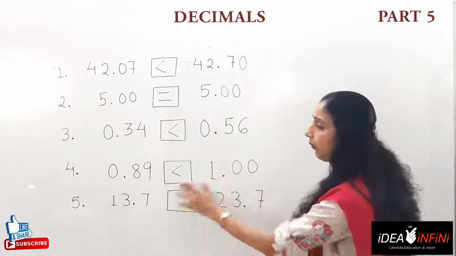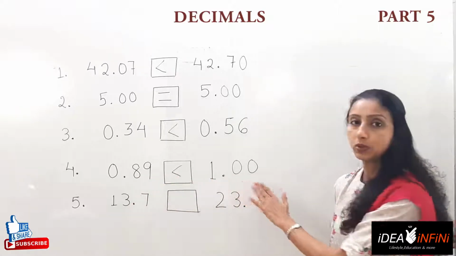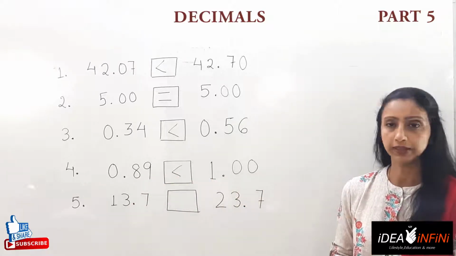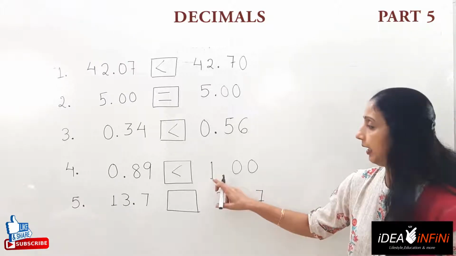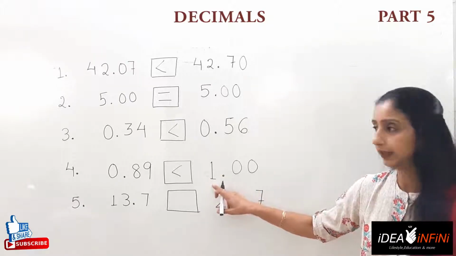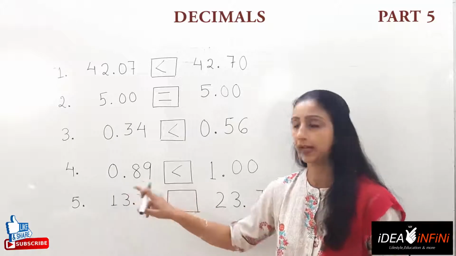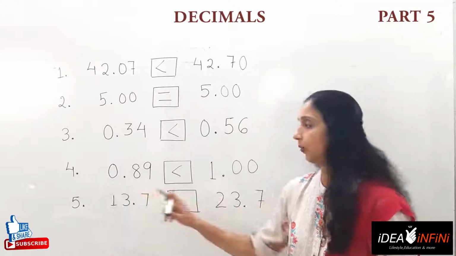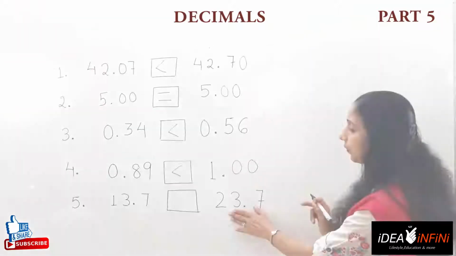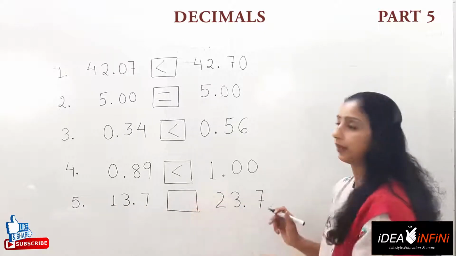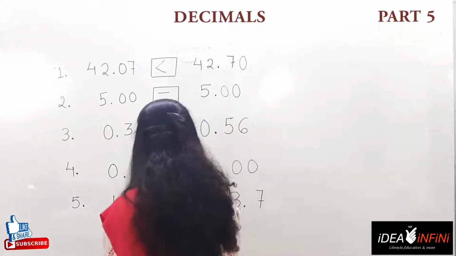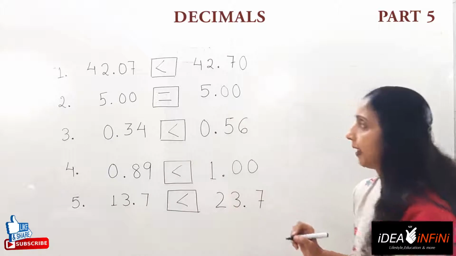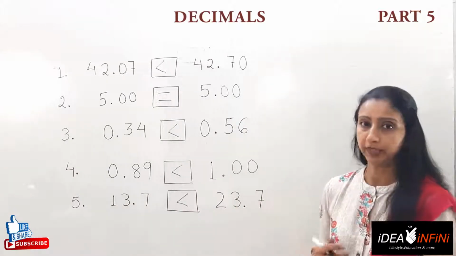Had it been 0.89 and 1, there was no need to make them like decimals, because already the whole number part here is greater. The whole number part is 0, here it is 1. Here 23.7 is greater than 13.7. So these are the comparisons of different decimal numbers.